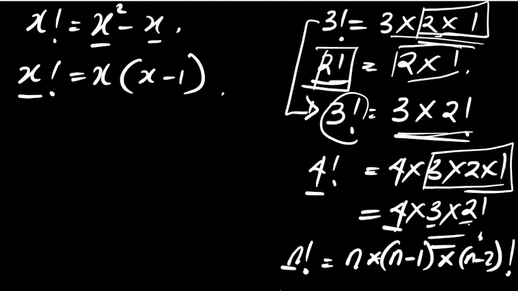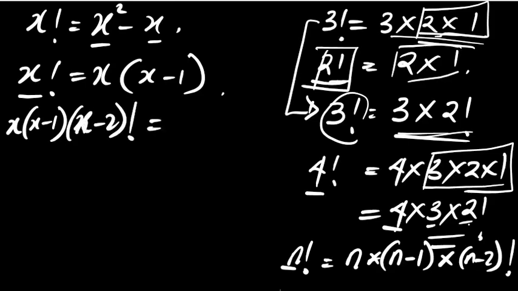So that is why you have this. Now we can write x factorial to be x times x minus 1 times x minus 2 factorial, which is equal to x times x minus 1.